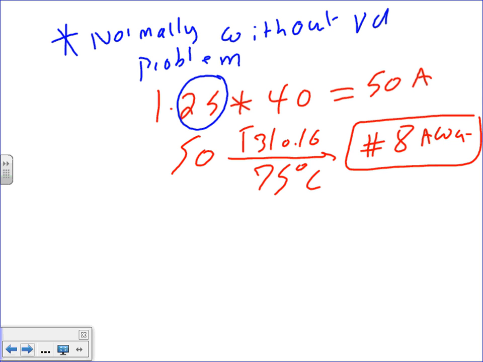Calculation 2 is based on voltage drop condition. Calculation 3, which you guys have done but probably don't know that you have done it, is based on bundling and temperature. What if I have a temperature issue here, or I have bundling and grouping of the conductors in a different temperature than normal? You do these three calculations separately, and you pick the calculation that gives you the largest size conductor.